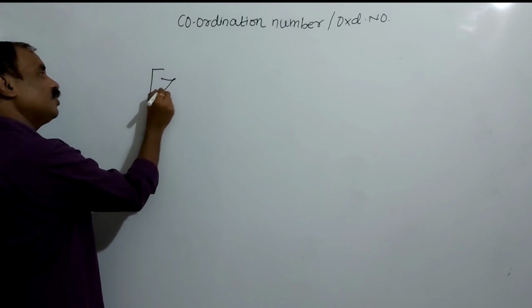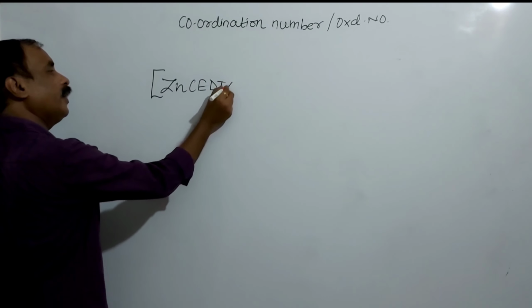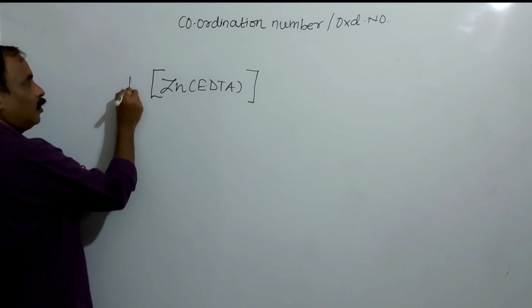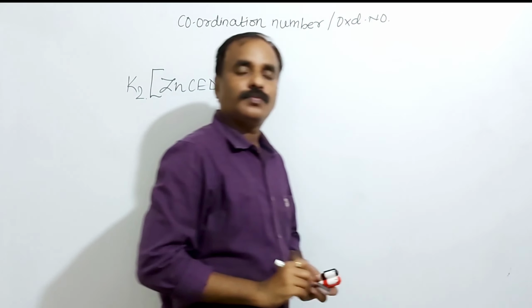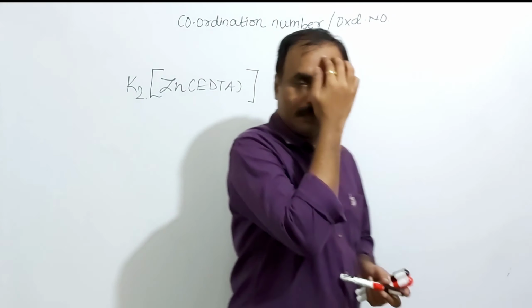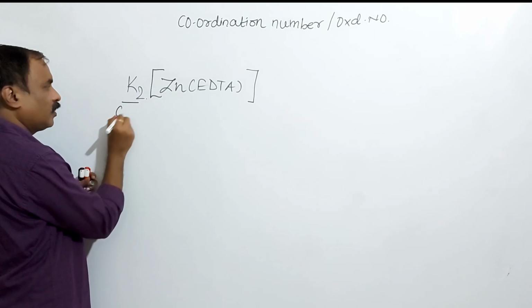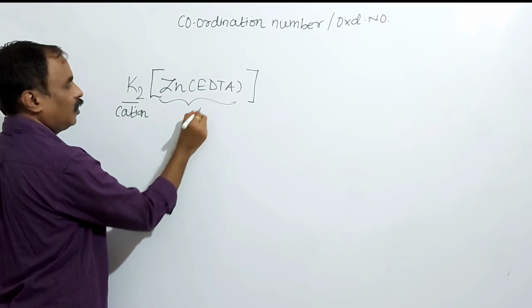Another example. Suppose the complex is zinc, EDTA. The complex is like this. Now, here it is the cation, here it is the anion.